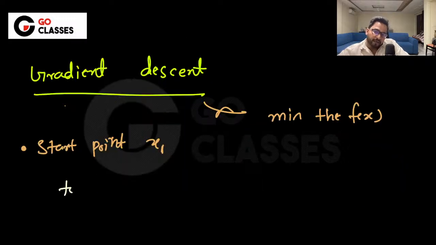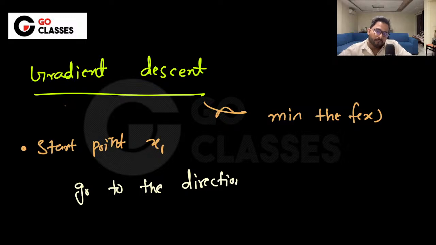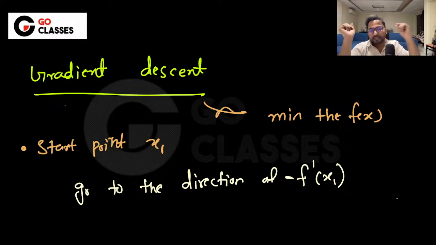To find x2, go to the direction of minus f dash x1. That's all. So you will be going in this direction. Is this fine to everyone? Let me know.